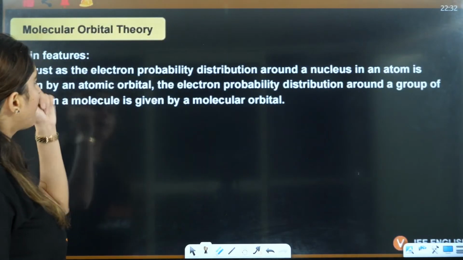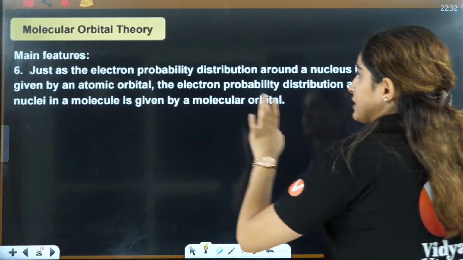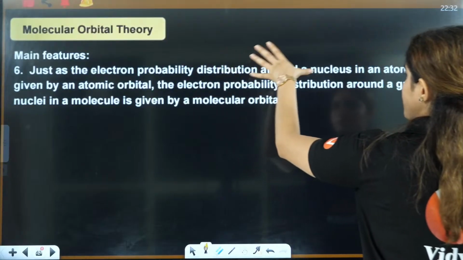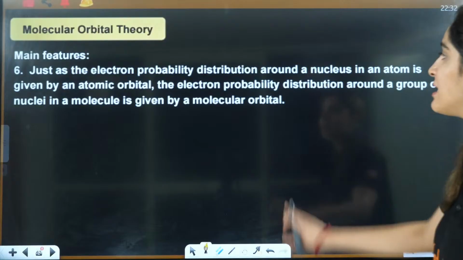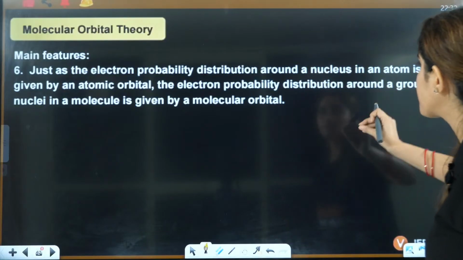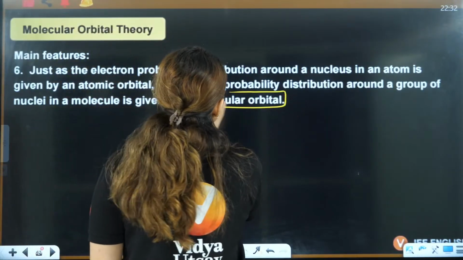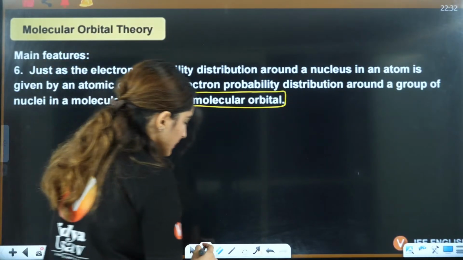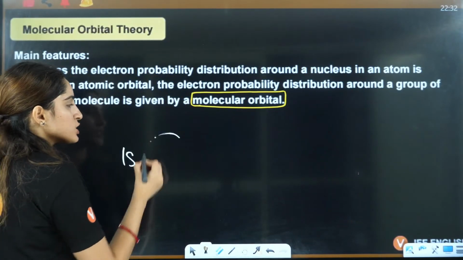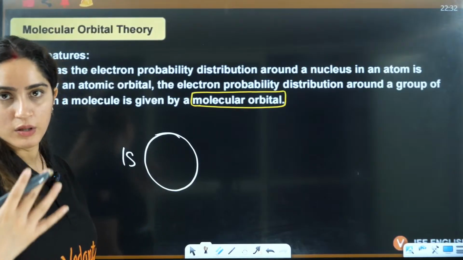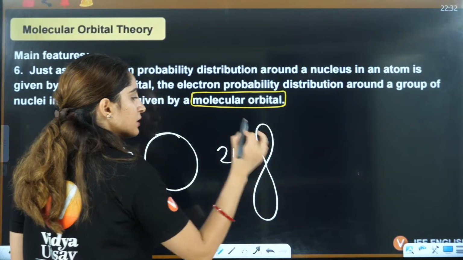So next is just electron probability. Just as the electron probability distribution around the nucleus in an atom is given by atomic orbital, the electron probability distribution around a group of nuclei is given by molecular orbital. So the simple thing is, he is saying that just like for 1s we say it is spherical, this is how the electrons are distributed. 2p is like this, right?